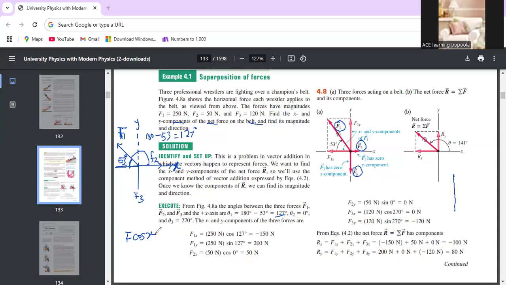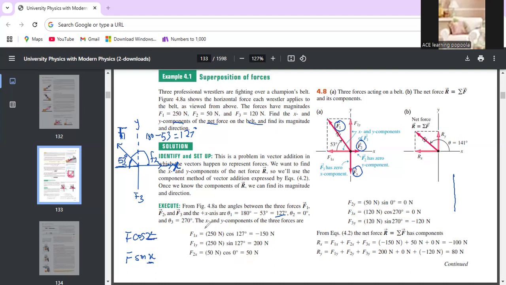And if we are resolving into the vertical direction, then we use F sine theta, or X, whatever notation you want to use. Just know that we're referring to the angle.